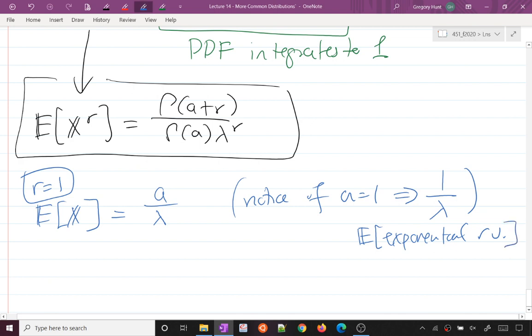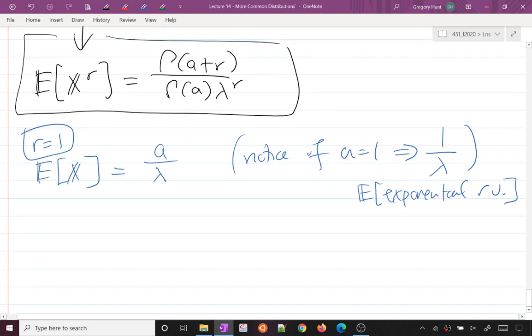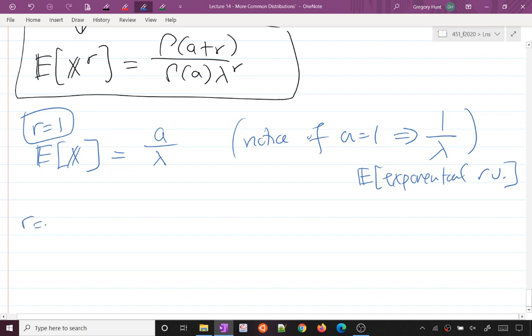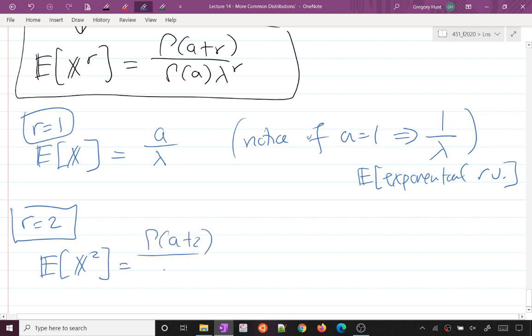So as I said, when a is 1, we get back what we expect for an exponential random variable. But we could also do this, give me another r, let's say r is 2. I could say, well, what's the expected value of x squared, the second moment? And here's my formula. It's gamma of a plus 2 over gamma of a, and there's a lambda squared in the bottom there.